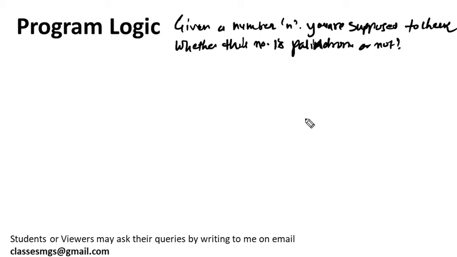Before starting this problem, you should understand what a palindrome is. Without understanding this, you will not be able to solve this problem. So I am explaining what a palindrome is.